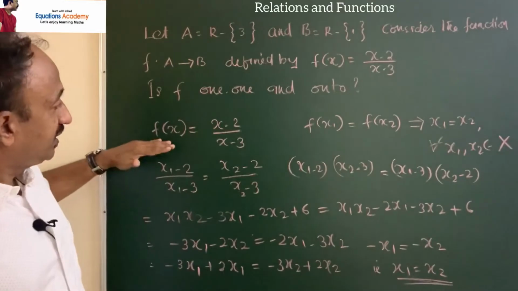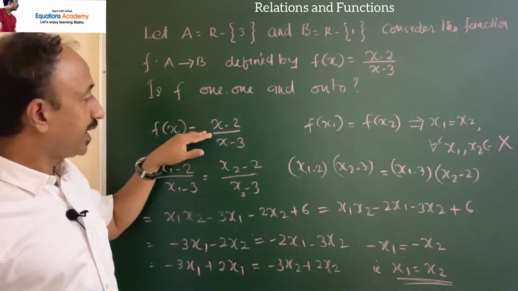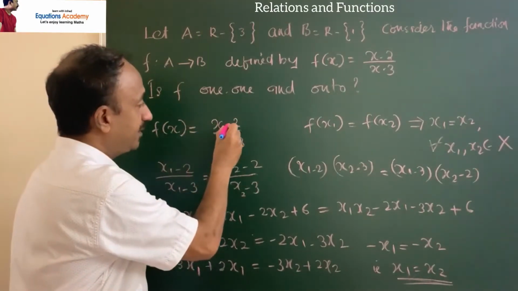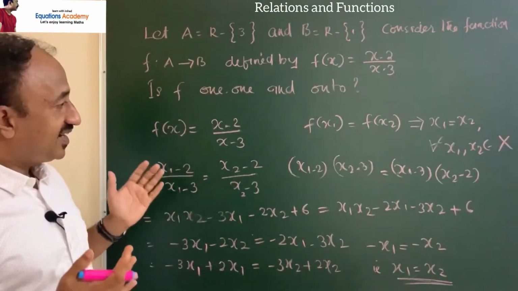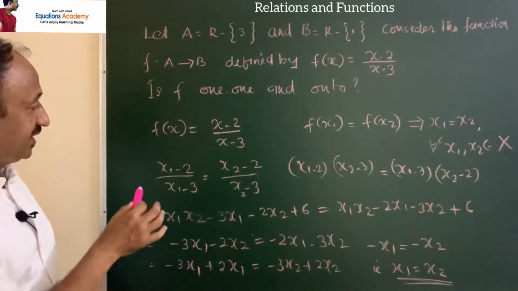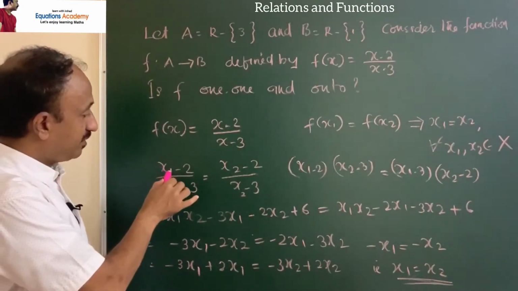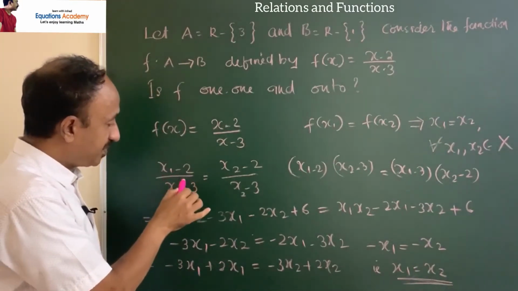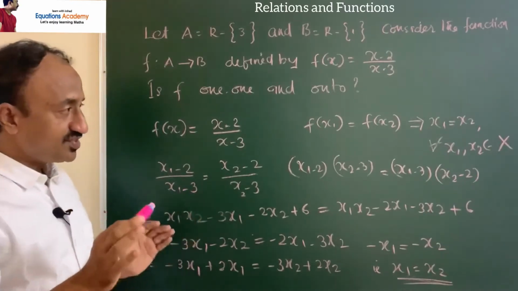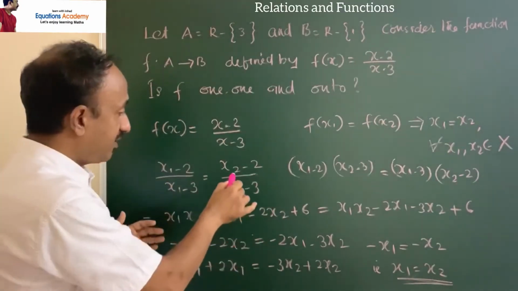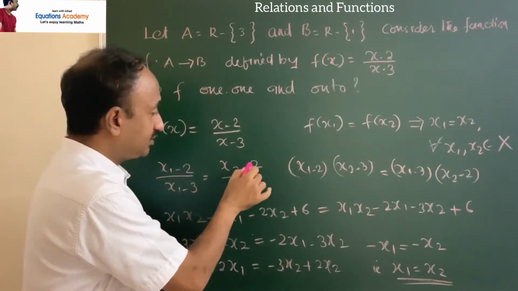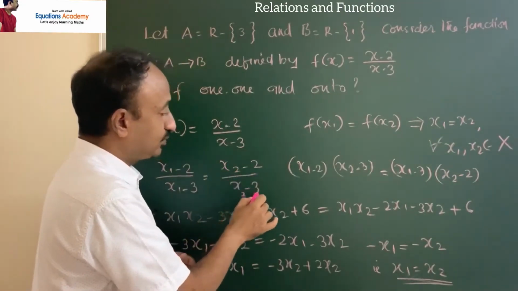What is our function? F of x is (x minus 2) divided by (x minus 3). So f of x1 will be (x1 minus 2) divided by (x1 minus 3). What is the condition? If f of x1 equal to f of x2. So f of x2 is (x2 minus 2) divided by (x2 minus 3).